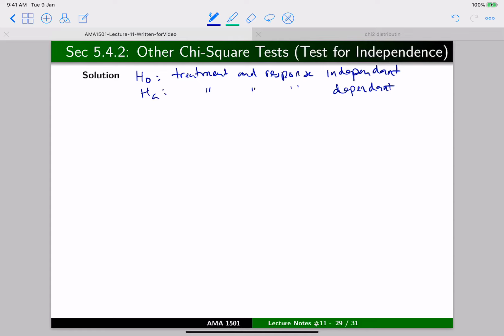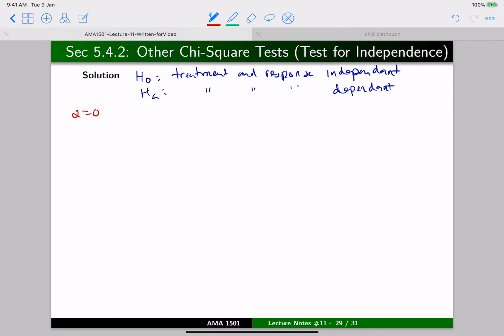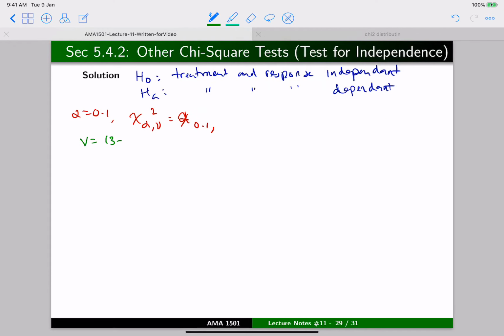Since we have alpha equal to 0.1 significance, our critical value is determined by chi alpha nu, equal to chi 0.1 nu. Our number of degrees of freedom in this case, since there's 3 columns and 2 rows, is 3 minus 1 times 2 minus 1, which is 2.